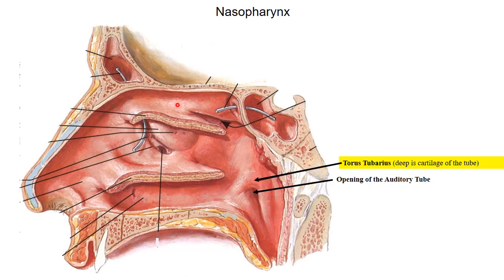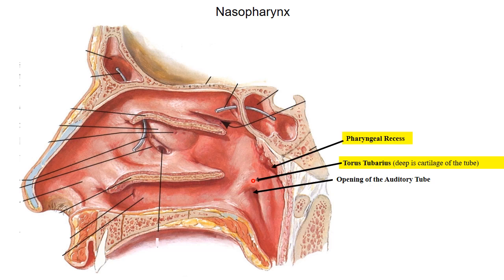This reddish hue indicates mucosa, which is just this soft, wet membrane lining everything inside the nasal cavity and the nasopharynx. And right underneath this mucosa is cartilage, cartilage of the auditory tube, and this thing is called the torus tubarius. Torus is a ring, so it's a ring-like structure we find right above the opening to the auditory tube.